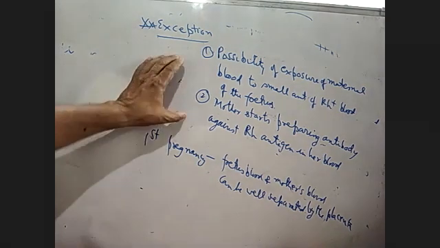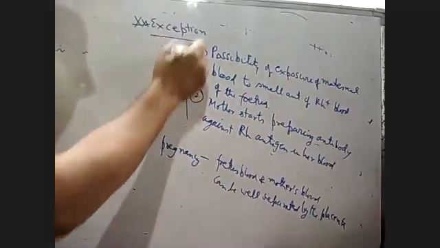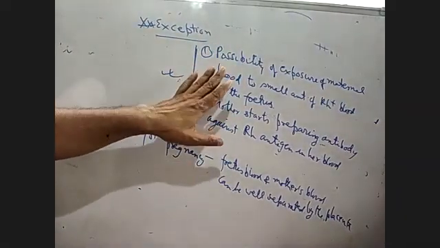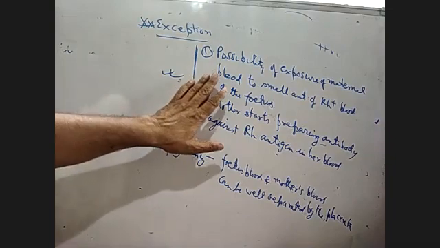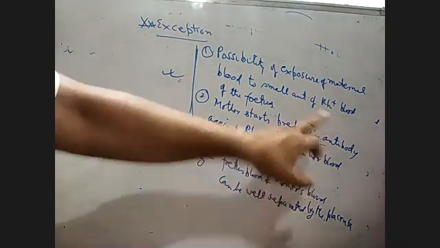So this is an exception. Very, very important. You have to mark it there. There is a possibility of exposure of the mother's blood to a small amount of Rh positive blood of the fetus.